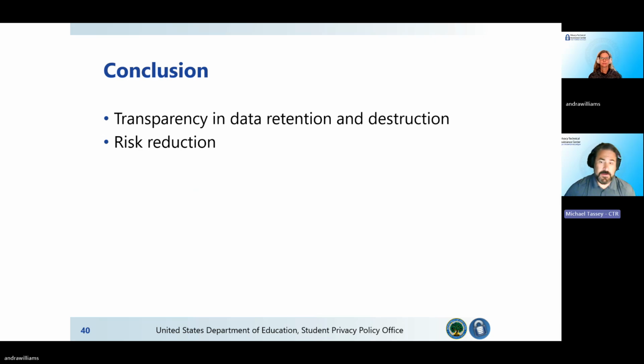So when we talk about data destruction, this brings us back to transparency in how you're managing. When we're talking about data in schools, we're not talking about our data. We're talking about the data of parents and students, right? And they deserve to know, what data are you keeping? What data are you collecting? How is it managed? And ultimately, are you keeping our data forever? Or what are you doing with our data, right?